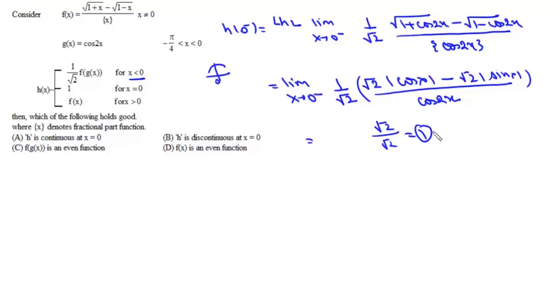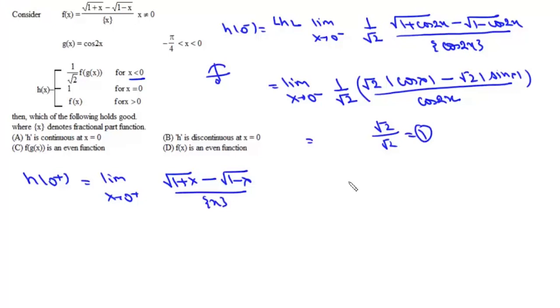So left hand limit of this function hx, it is 1, and if we find its right hand limit h0 positive, will be this limit x tends to 0 positive, and it is fx. Fx is 1 plus x minus under root of 1 minus x upon fractional part of x. Now when x is 0 positive, fractional part of x is simply x.